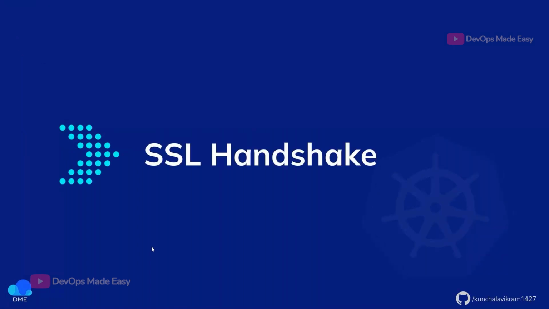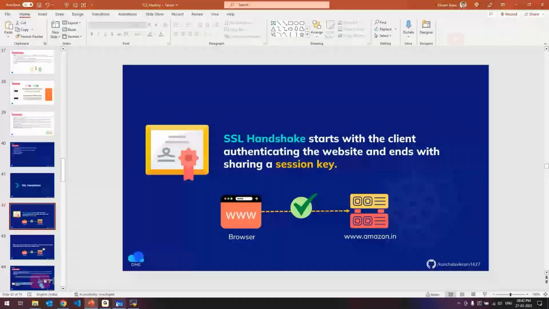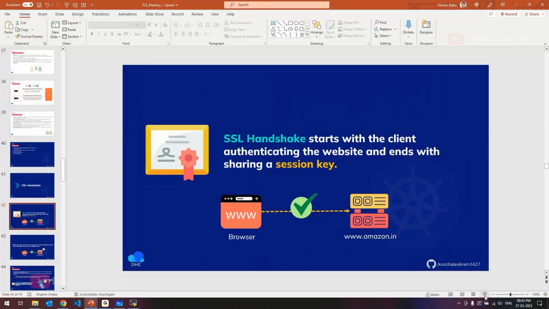Now let's understand the SSL handshake. In the earlier example, we discussed how a certificate can be used to authenticate yourself or make a website genuine. We understood how to get a certificate, but we did not understand how the certificate is actually transmitted, and what the end-to-end process is before the actual encryption.